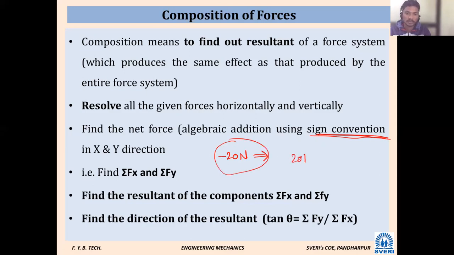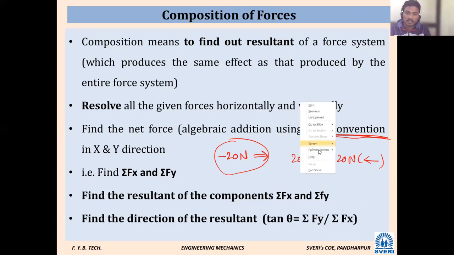As it is negative, it may be a downward arrow or point to the left. The arrow is also correct, but for algebraic addition the arrow will not work; we have to go by its sign. So find the net force by algebraic addition using sign convention in the x and y directions, then find summation Fx and summation Fy. What is summation Fx?